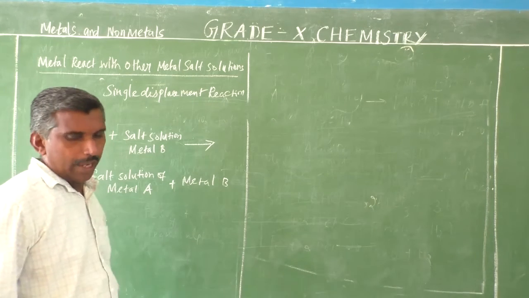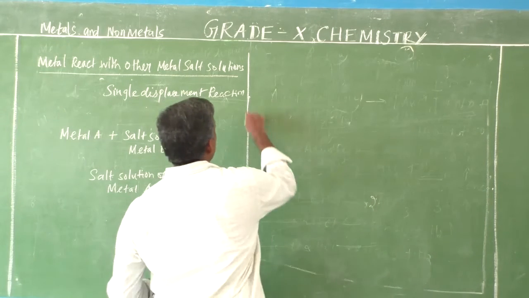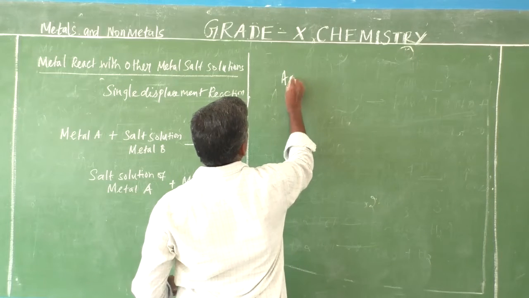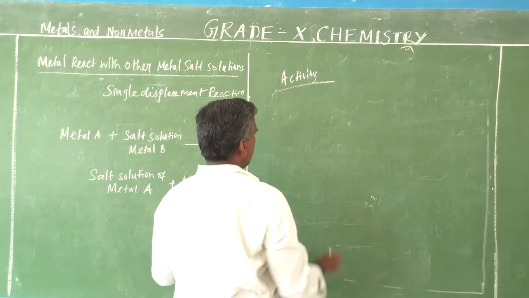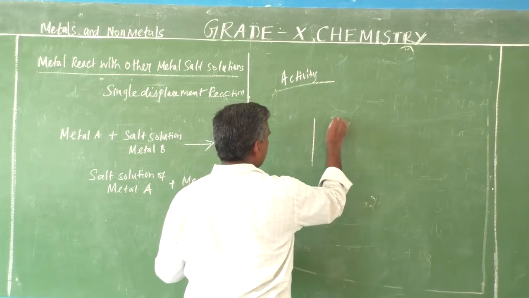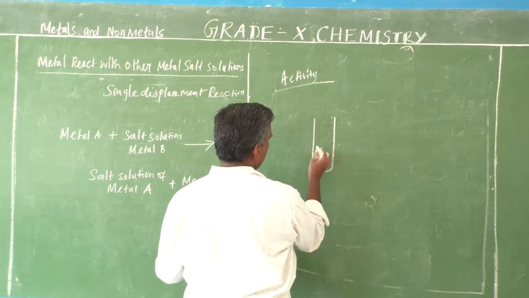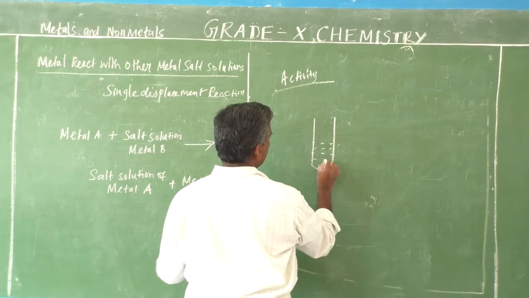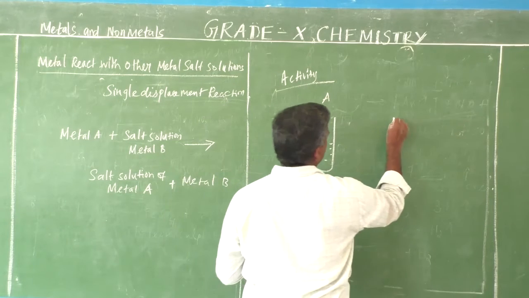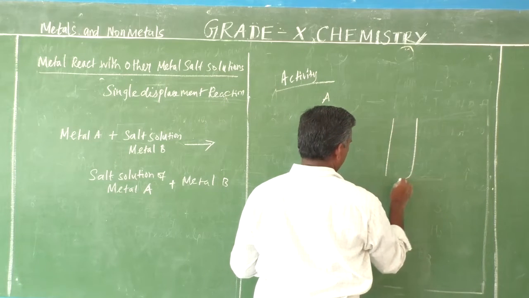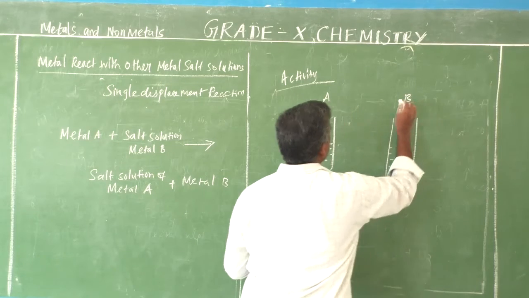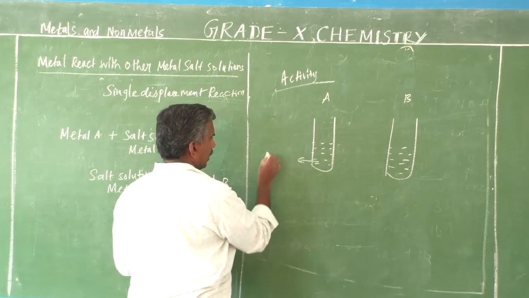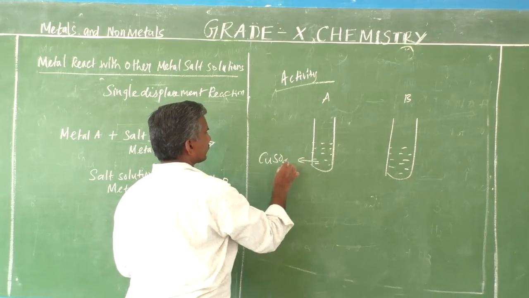Okay, now it's an activity. It's a great activity. Take two test tubes, test tube A and test tube B. In test tube A, put copper sulfate solution.